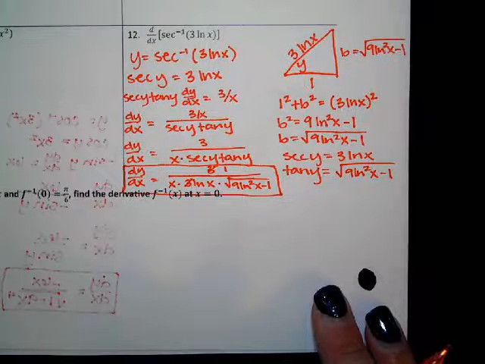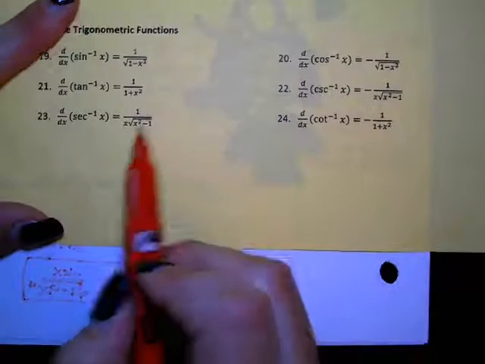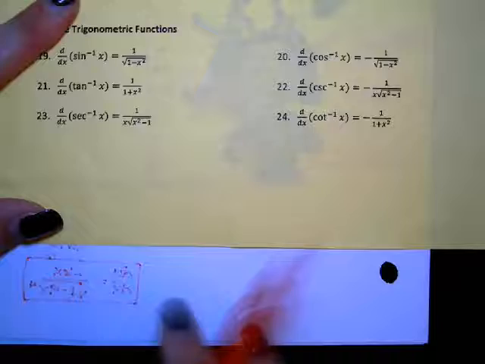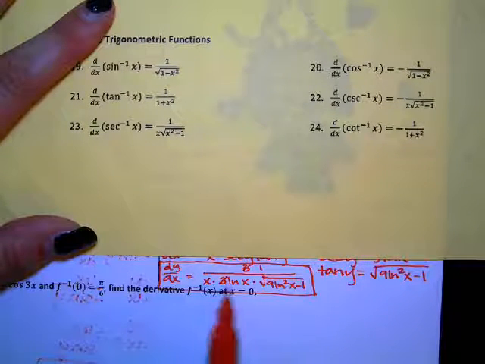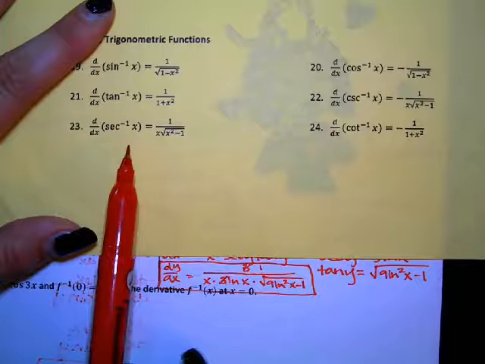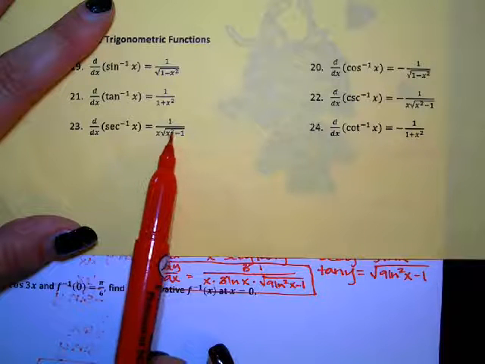So that one said, whatever the angle was gets put in front of the square root sign. So that's why we had a 3 ln x in front of the square root sign. It says that you'd have the angle inside squared. That's where the 9 ln x squared came in.